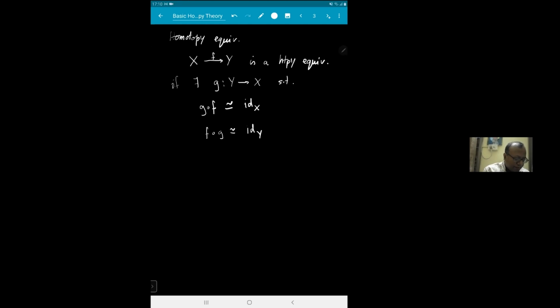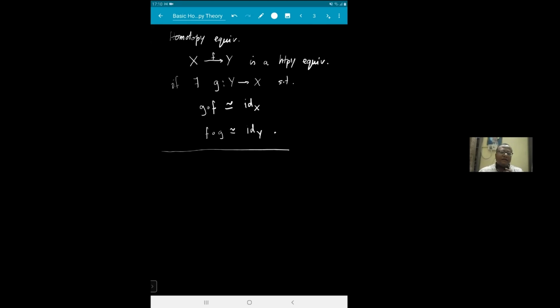A map f from X to Y is a homotopy equivalence if there exists g from Y to X such that g circle f is homotopic to the identity map of X, and f circle g is homotopic to the identity map of Y. Okay, that's homotopy equivalence.